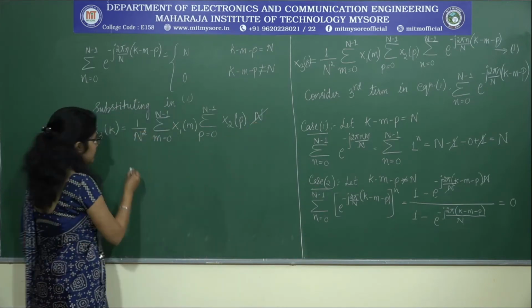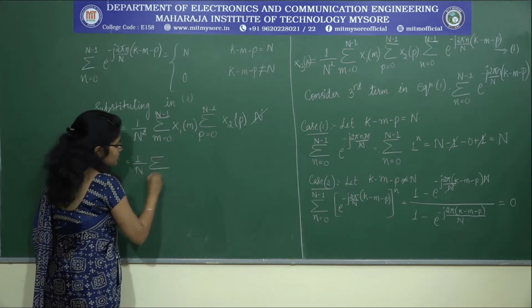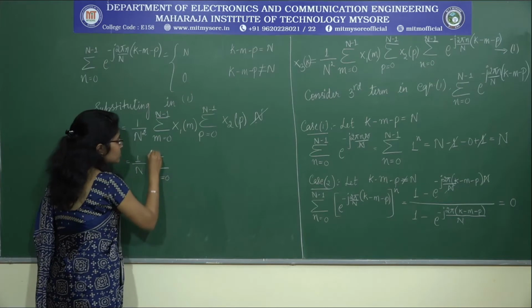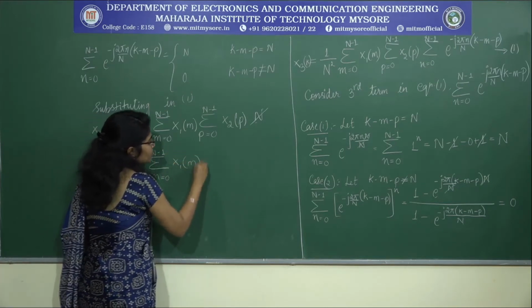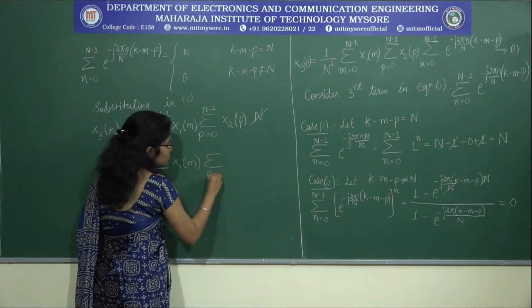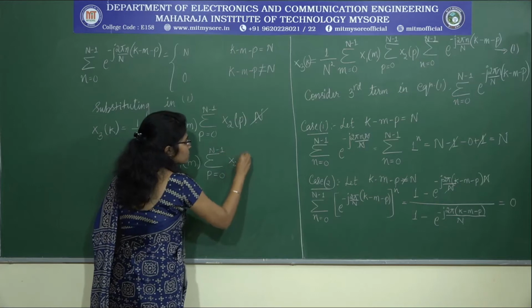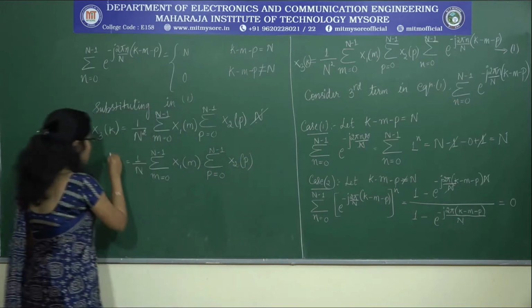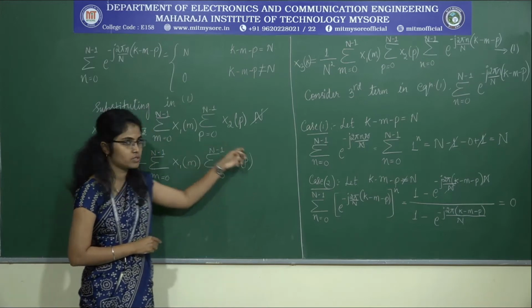So if we rewrite the equation, it will be equal to 1 by n summation m ranges from 0 to n minus 1 x1 of m into summation p ranges from 0 to n minus 1 into x2 of p. Now let us take substitution for p and let us see what happens to the second term.